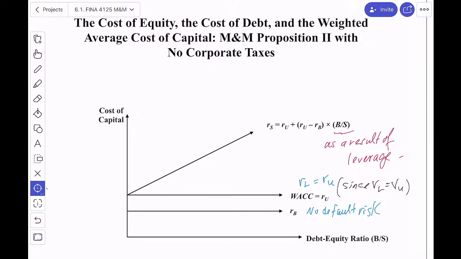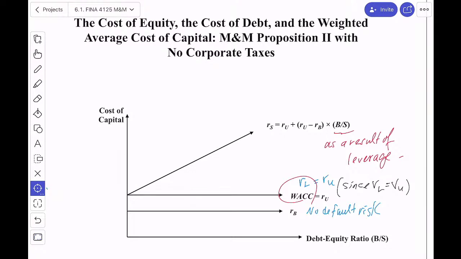So again, bondholders have a steady required rate of return. Investors in the levered firm have a steady, stable required rate of return. But shareholders in the levered firm, as a result of leverage, require a higher rate of return for more debt.